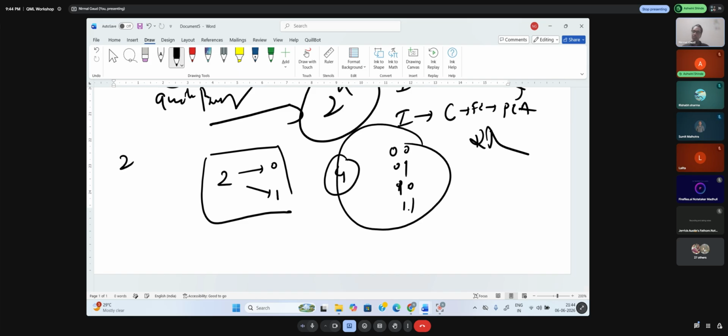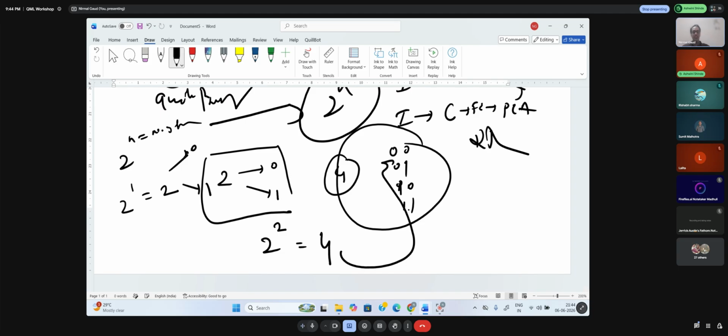If I talk about features, n is the number of features. You have one feature, that is why it came 2 to the power 1 equal to 2, and that is why you are using 0 and 1. If you take two features, then it will be 2 to the power 2, which is 4. Such combinations are required. That is why I am saying multiple times that the number of features matters.